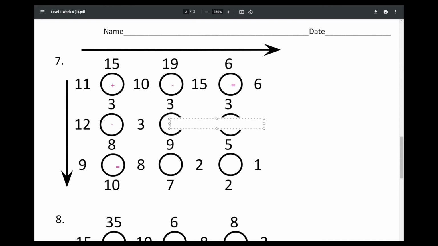All right. Okay, so one more person, tell me what the last row looks like.